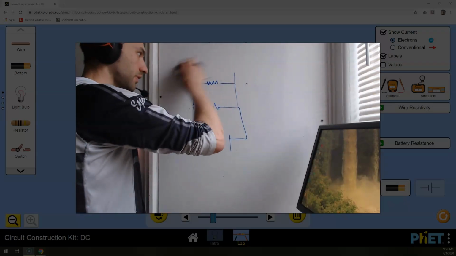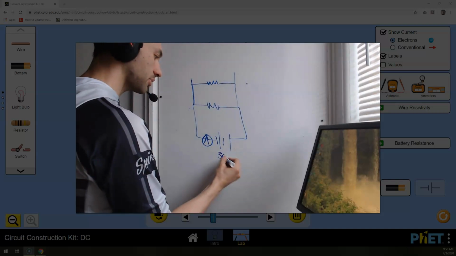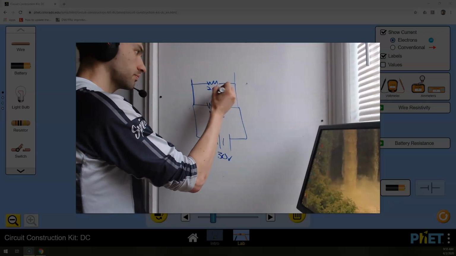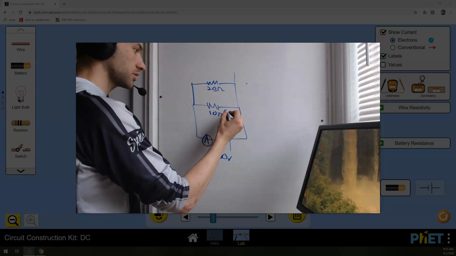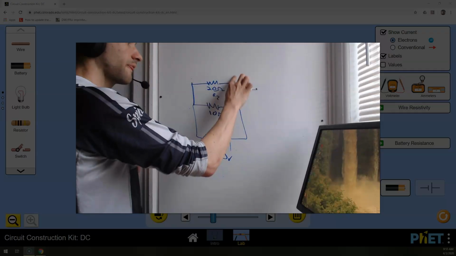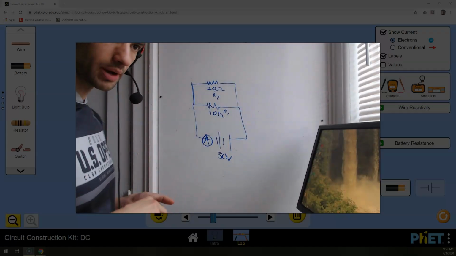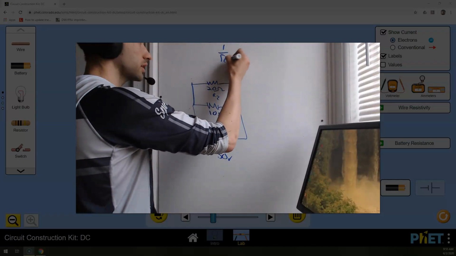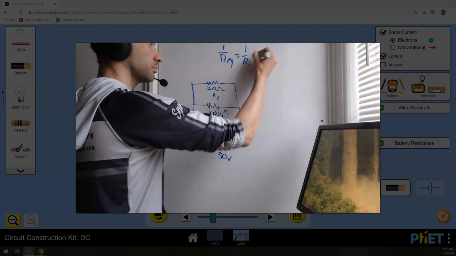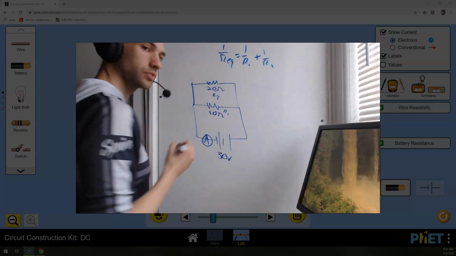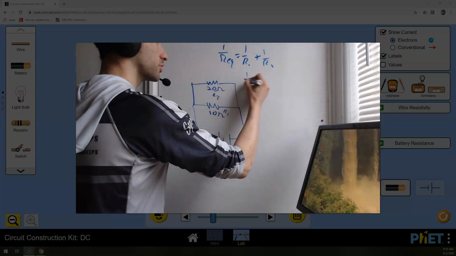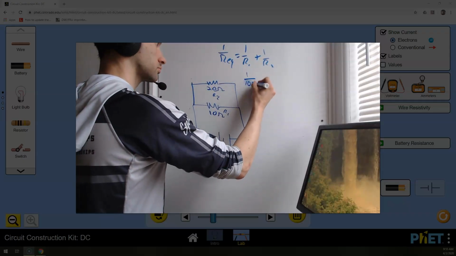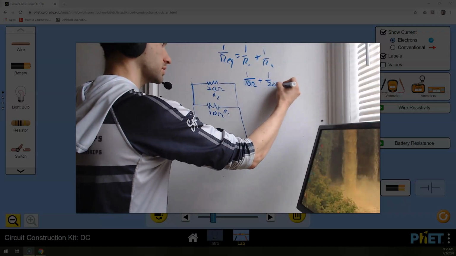Let's just do a very simple picture. Let's do the same 30 volts, the same 10 ohm and the same 20 ohm. And again, let's call this R1. Let's call this R2. This time, how do I go about this? Well, first I have to find Req. 1 over Req equals 1 over R1 plus 1 over R2. So I've got 1 over 10 ohm is R1, plus 1 over 20 ohm is R2.